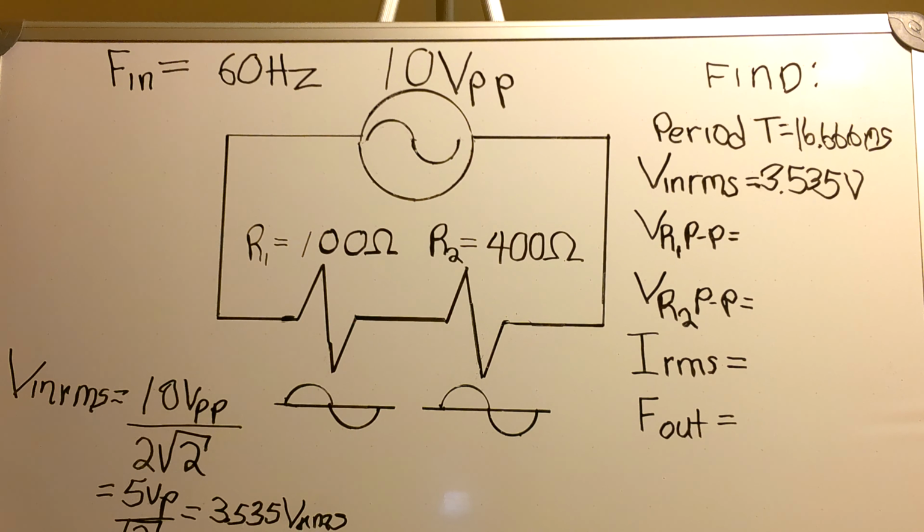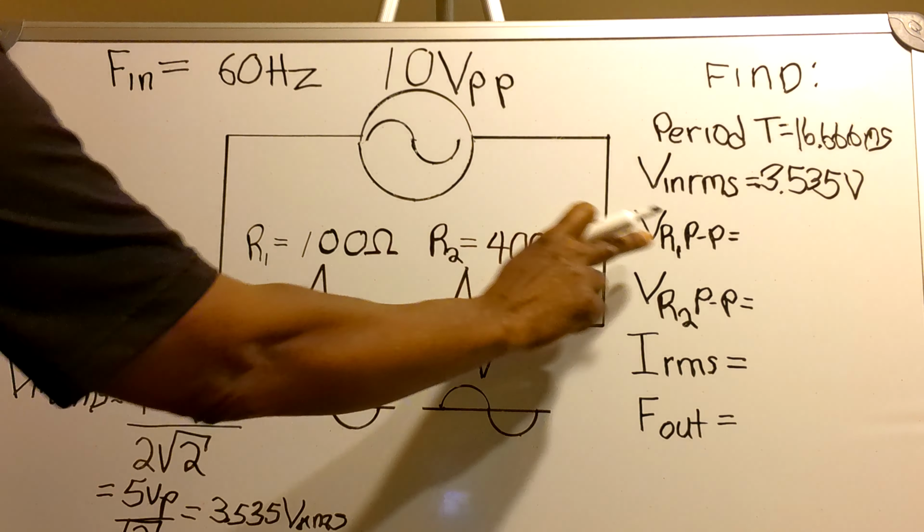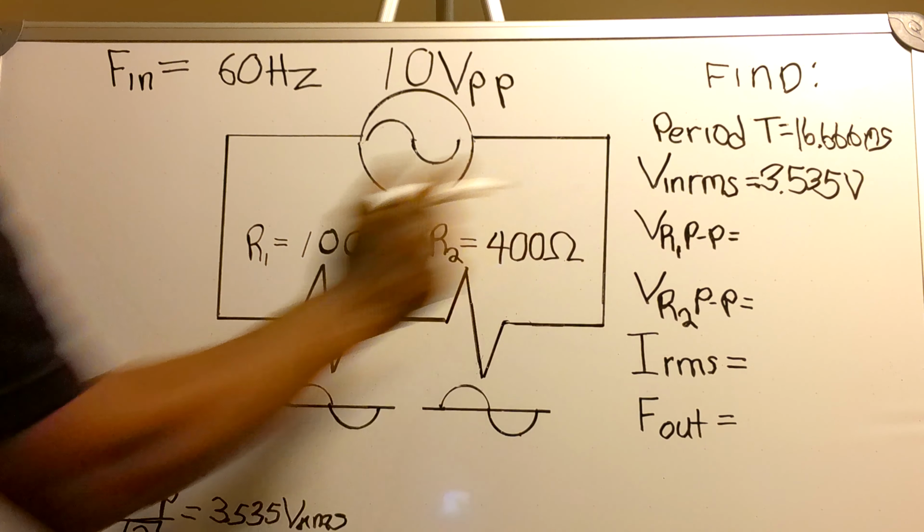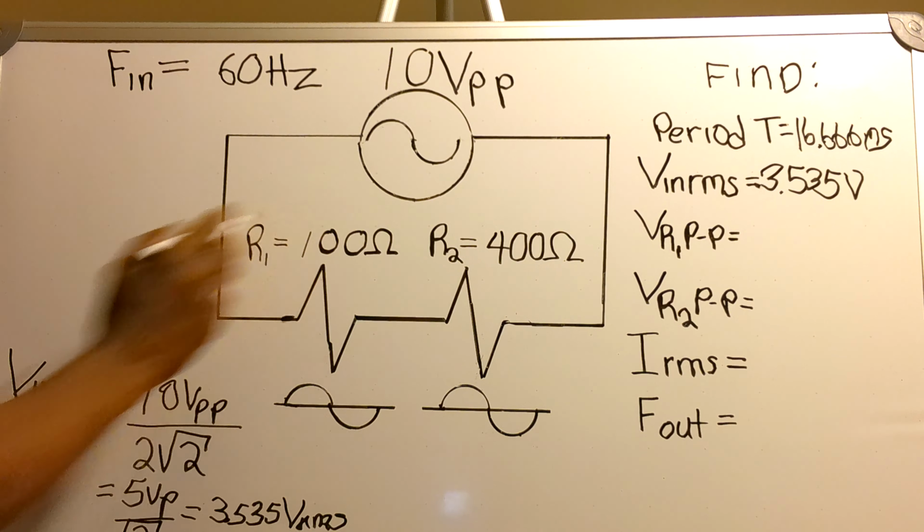Now, I'm going to find the peak to peak voltage across the R1 resistor.